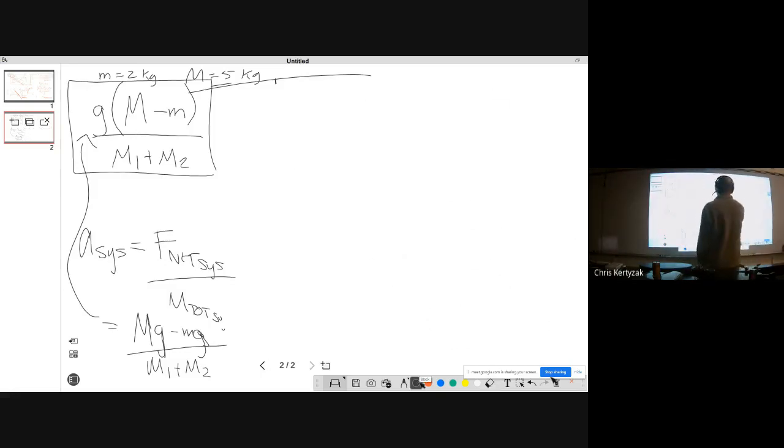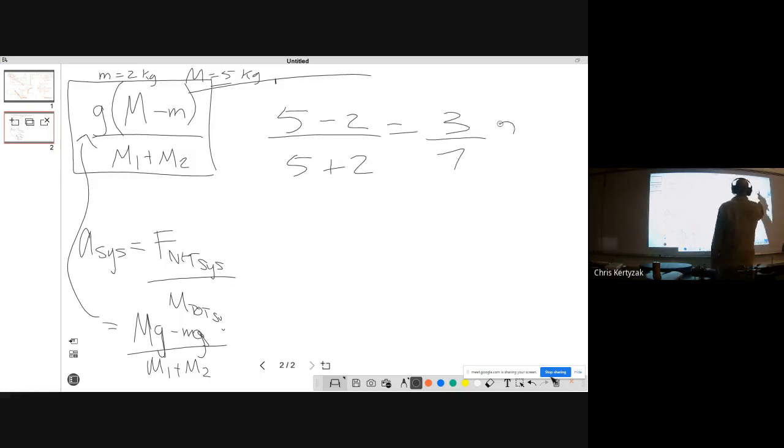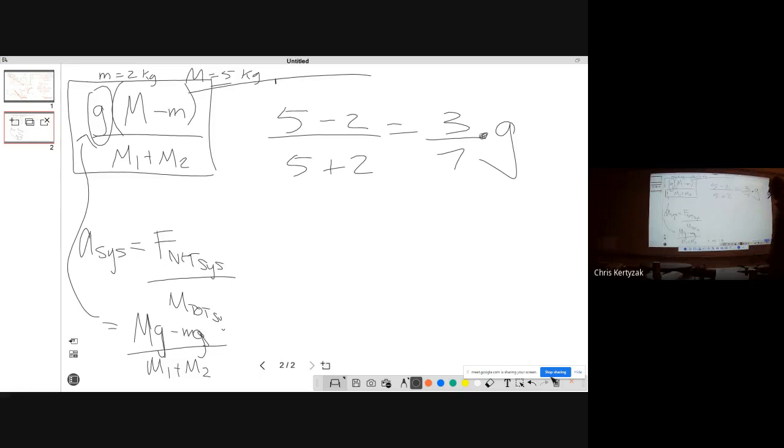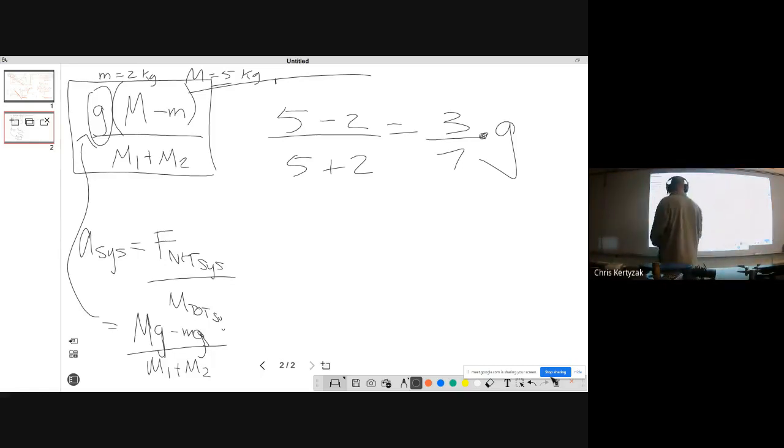What would we get? Capital M would be 5, little m would be 2, over 5 plus 2. That's 3 over 7 times g, because that's why this g is sitting on here. It's 3/7 g. Is that less than g? Yep, it'll only be 3/7 g. That's how you do that. That's how you get the formula. That is the formula. That is how you would apply it to some numbers.